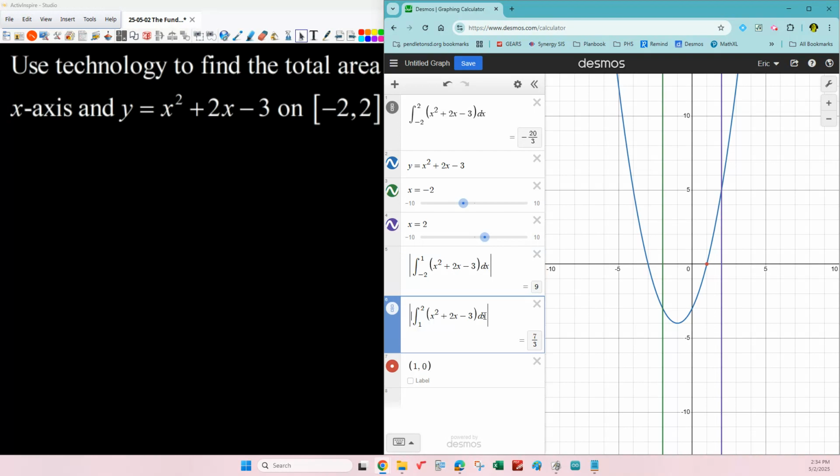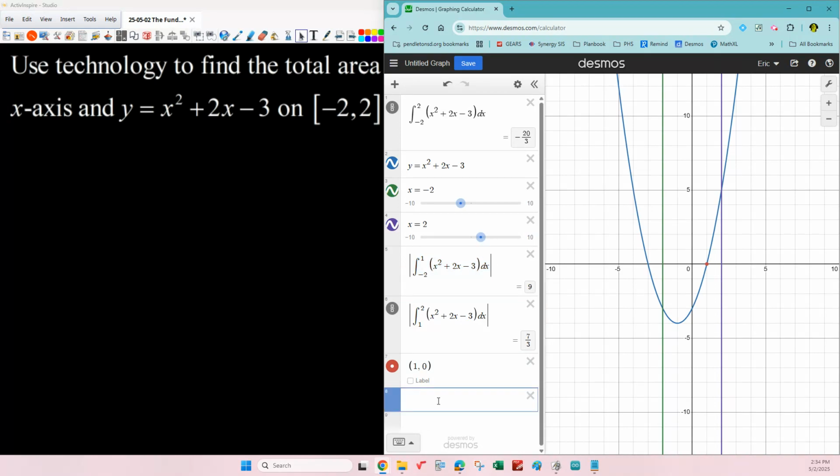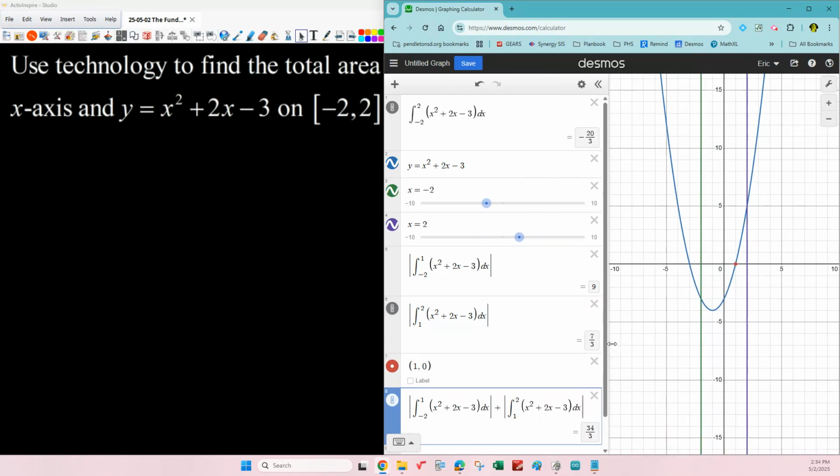That becomes positive 7/3. If I just add up all that area as positive, then I take that piece plus that piece. I bet it's 27/3. Oh, what the heck, 34/3.